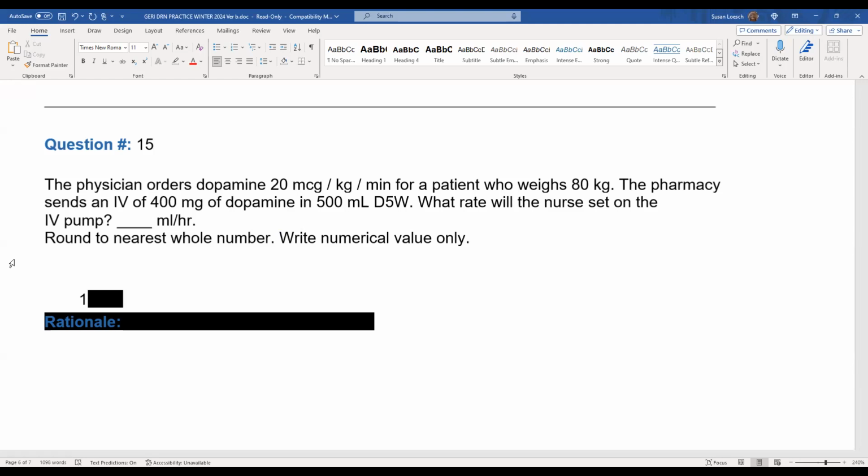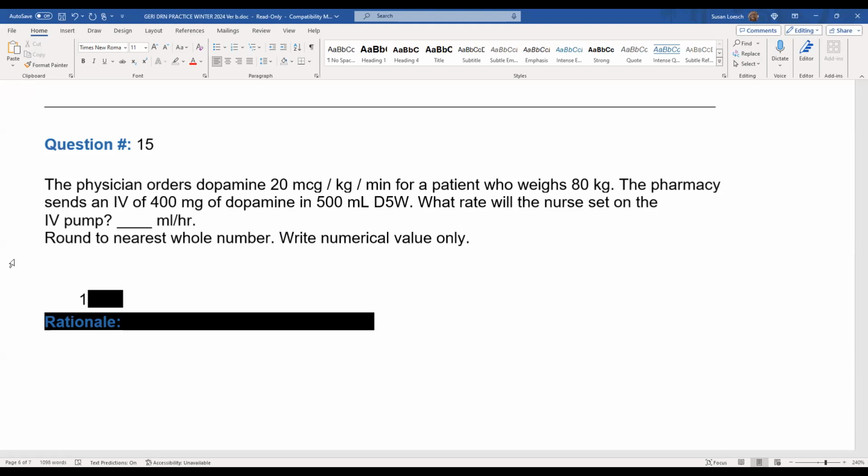Desired over have, because you're still given a dose here, right? Yes. Okay. So you do have something on hand. What do you have on hand? 400 milligrams in 500 mLs of dopamine. Okay. And you have an order to calculate your desired dose.